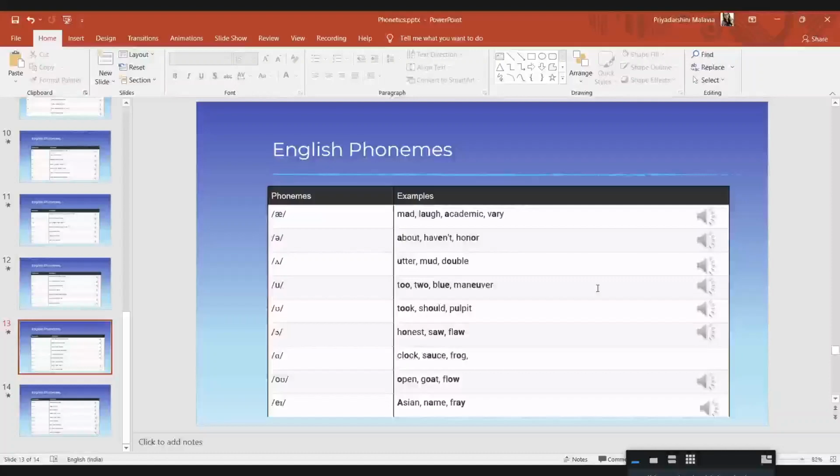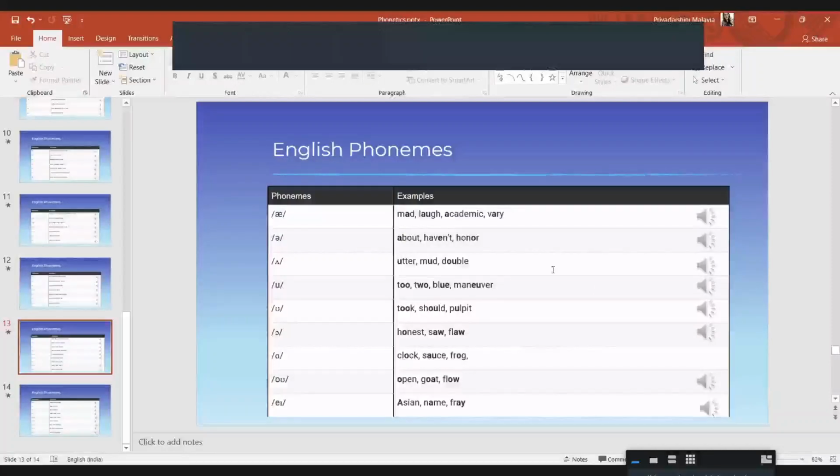Now the third one is your U sound: utter, mud, double. Let's just check it out. Utter, mud, double.